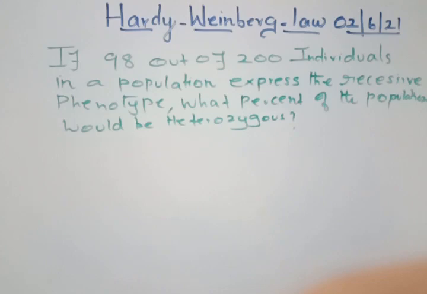It will remain constant from generation to generation. And this Hardy-Weinberg law is applicable only if there is an absence of mutation, absence of gene flow, absence of genetic drift, absence of recombination, and absence of natural selection. If all these criteria are being followed, then Hardy-Weinberg equilibrium works out.